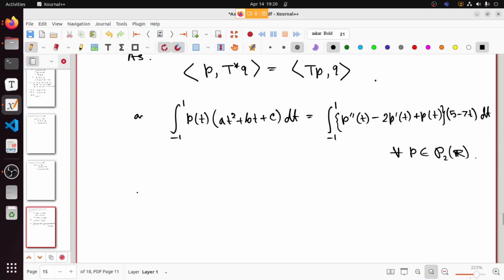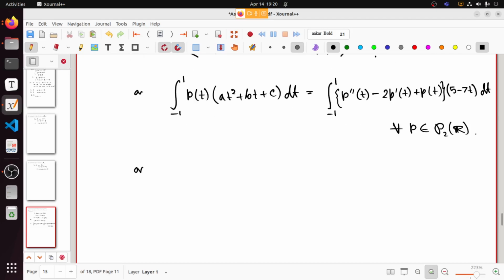So what will you get? So just integrate it. So the left hand side as it is, the integral from minus 1 to 1 of p(t)(a t square plus bt plus c) dt, or just simplify the right hand side first.